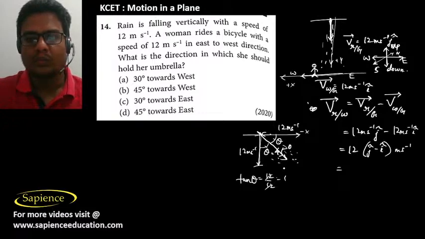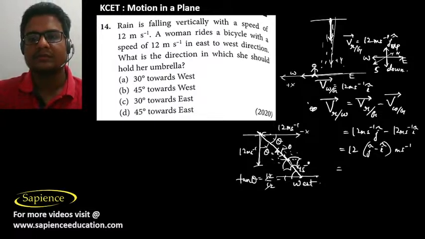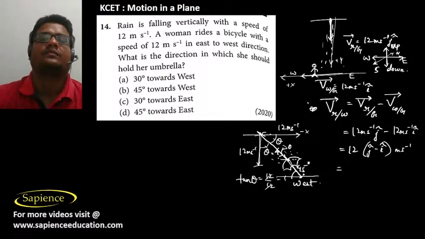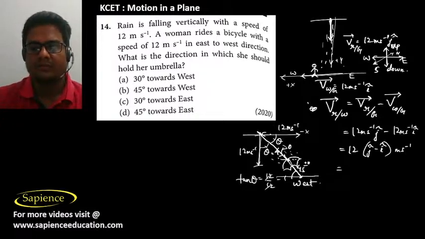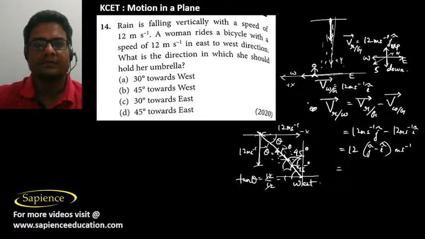The woman should hold her umbrella like this, so that it opposes the rainfall. So she should hold her umbrella at an angle of 45 degree with the vertical towards the west.